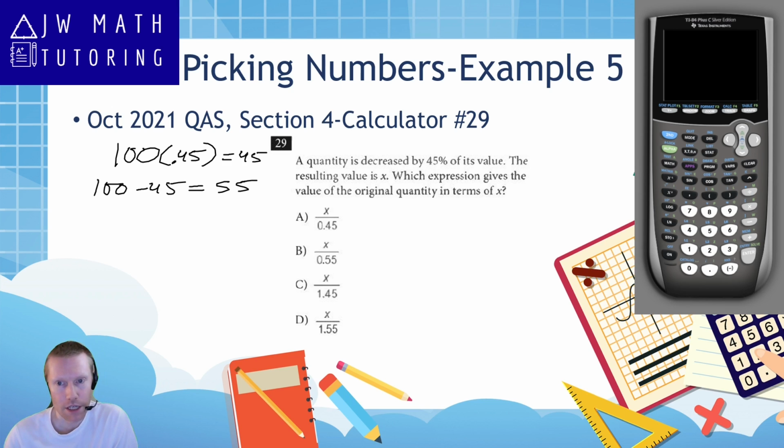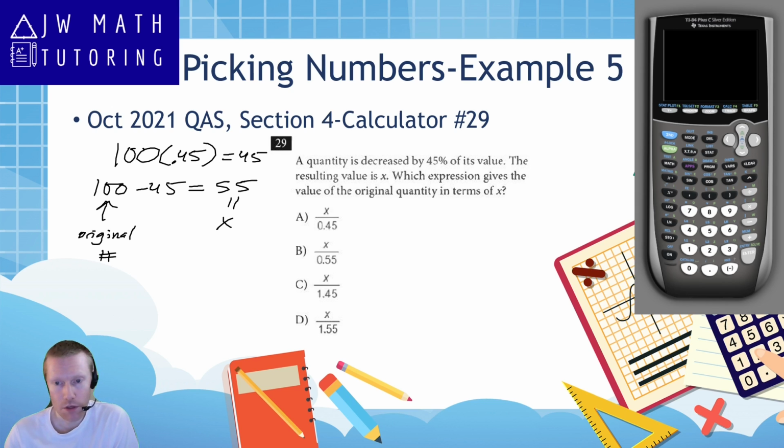Therefore, the final value would be 55. So in this hypothetical scenario, my original number, or starting value, is 100, and my resulting value, or my x, is equal to 55.